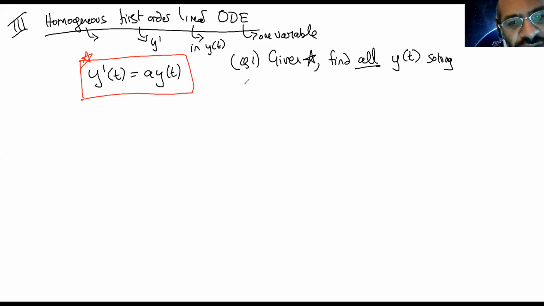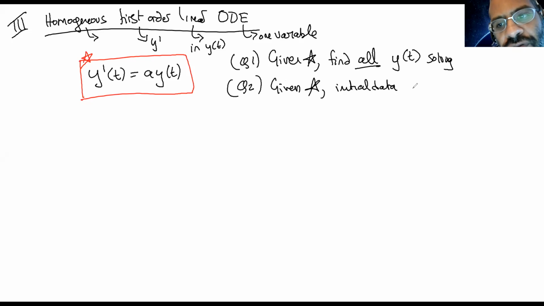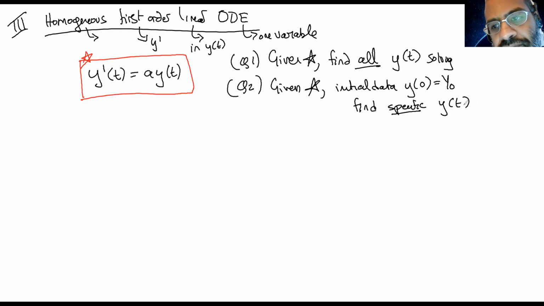Okay, so that's the first question. The second question is, given the equation and some initial value, let's say you know the value at 0, find some specific y of t satisfying the initial condition.